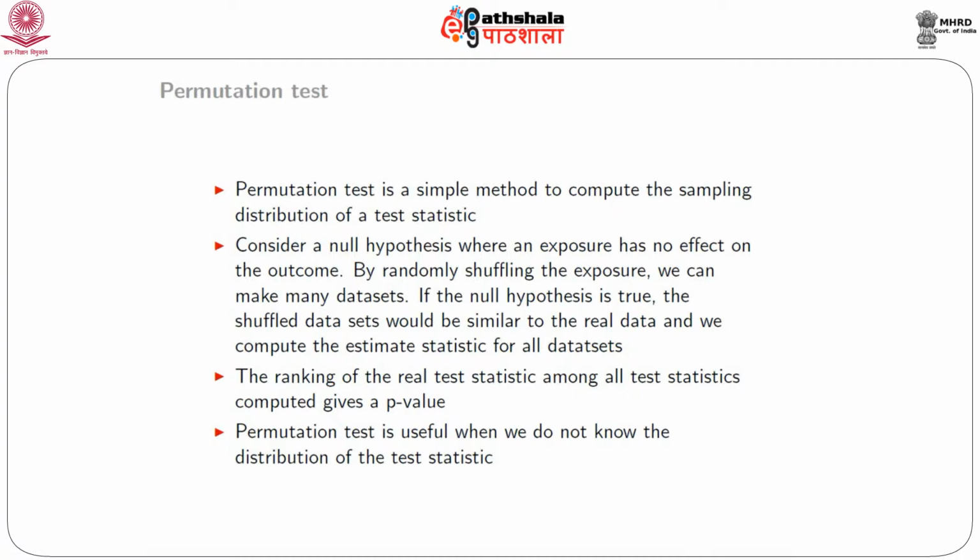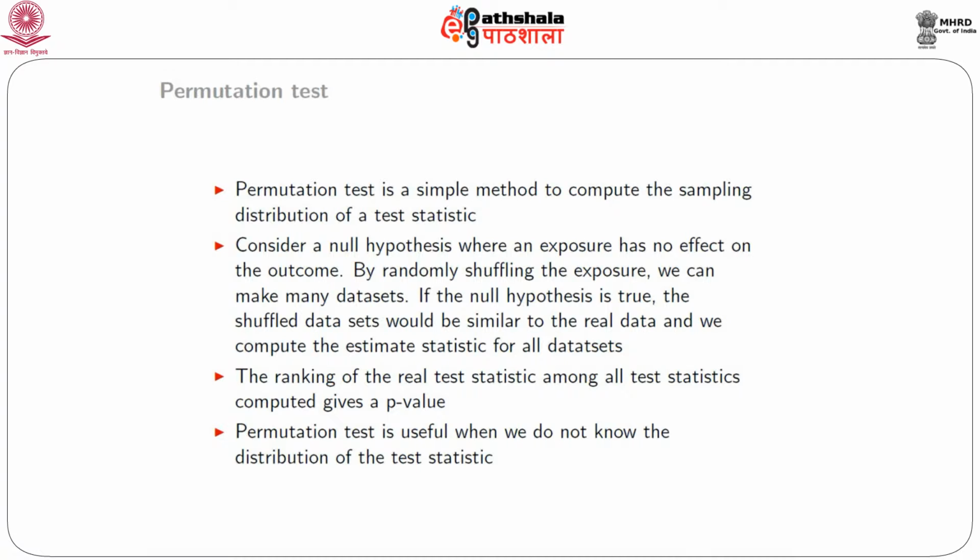Now, assuming that the null hypothesis is true, consider the case where we want to see the effect of an exposure on the outcome. If the null hypothesis is that there is no effect of the exposure on the outcome, then changing the exposure would have no effect on the outcome if I assume that the null hypothesis is true.